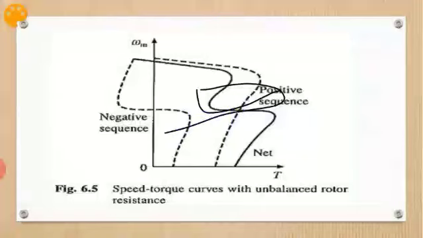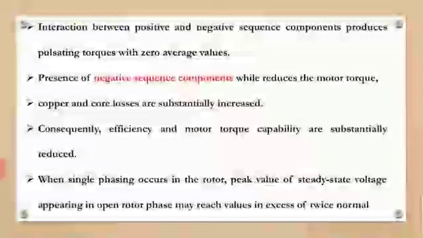The interaction between positive and negative sequence components produces pulsating torques with zero average value. The presence of negative sequence components will reduce the motor torque.